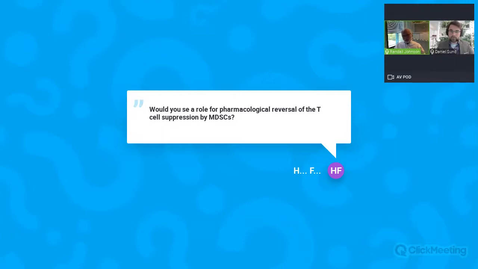So that certainly indicates that there could be an interesting answer to that question. But otherwise, I'm a bit constrained because the work's still in various places of evaluation. But certainly, yes, we could imagine that there might be a role for pharmacological treatment directed towards this myelosuppression.